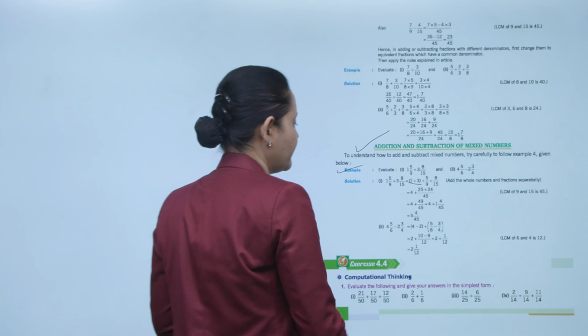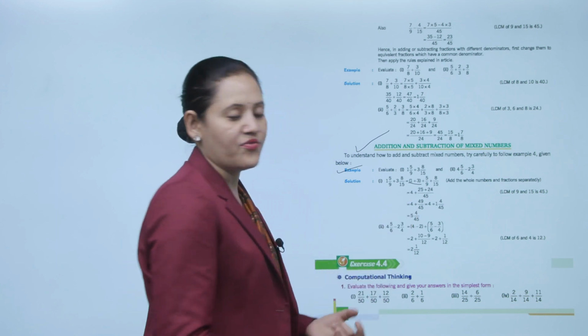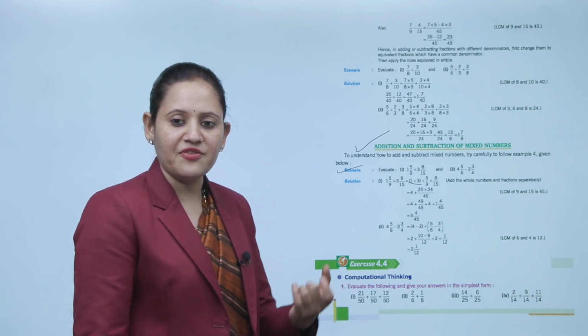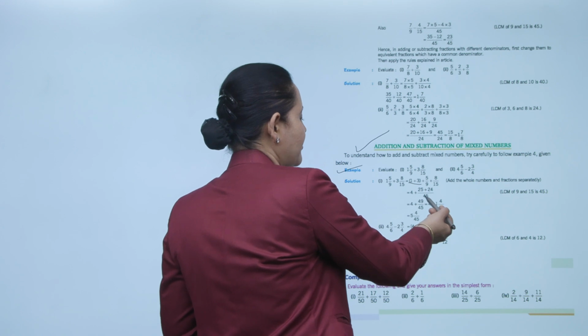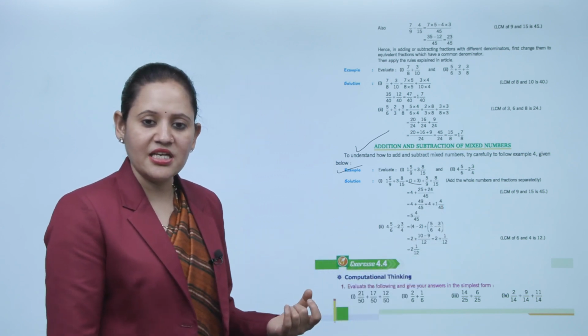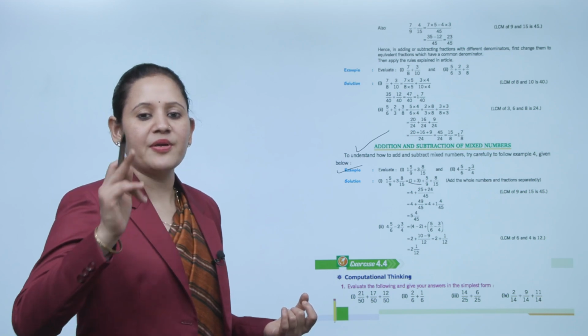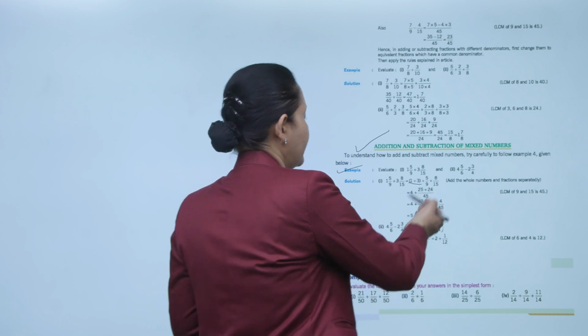upon 15. So 4 will be the whole part, and here what we have done? We have taken the LCM of 9 and 15, that is 45. So we have written the LCM here, 45. Now the first fraction, that is 5 by 9, so what we have done, 45 divided by 9, that is equal to 5.